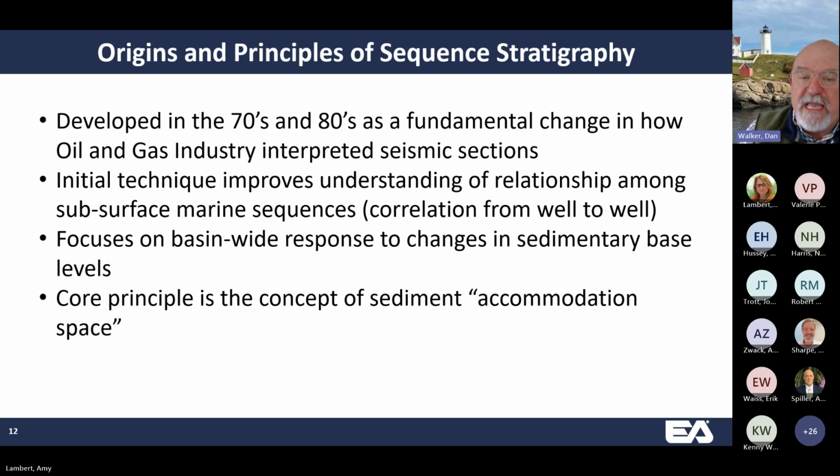I think the real key to keep in mind is, when you start talking about how to correlate from well to well, or you're trying to understand the three-dimensional distribution of high conductivity or high transmissive zones in the subsurface, what we're really looking for is a way to recreate that old land surface.